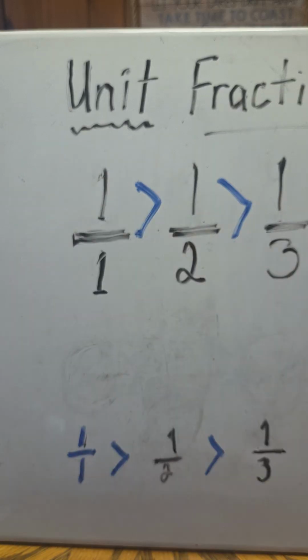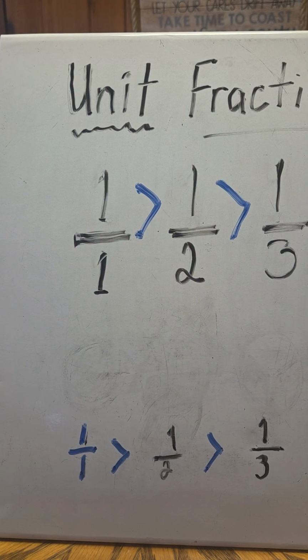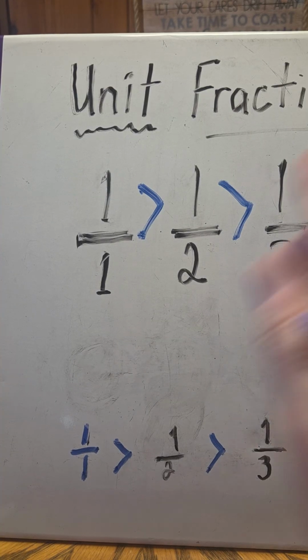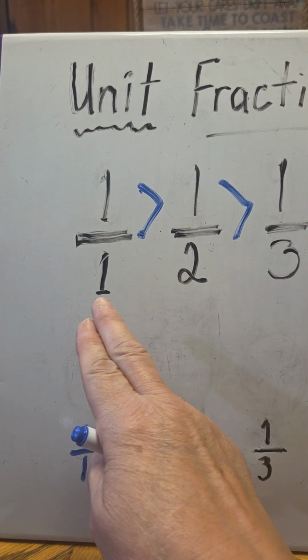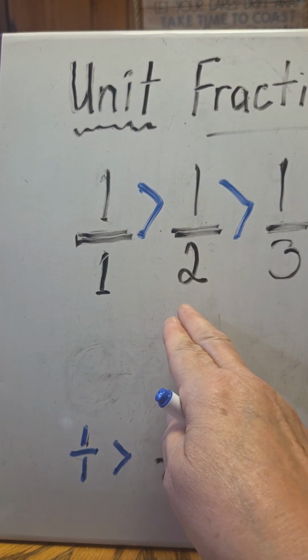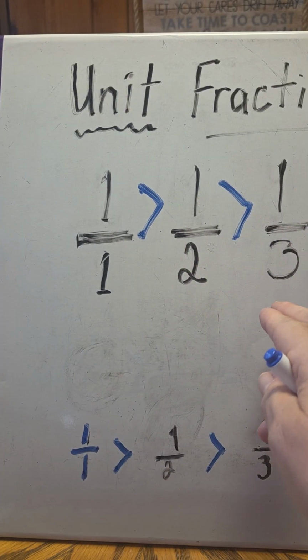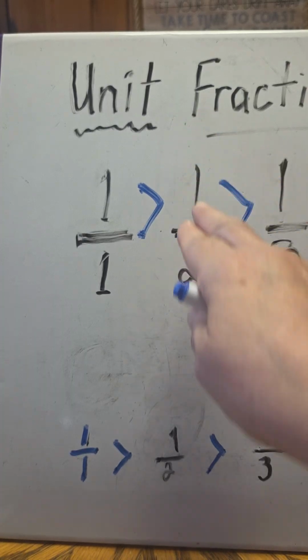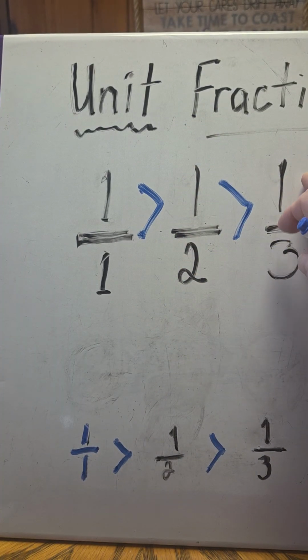It's always nice to show you different numeral ones, because there's lots of different ways to write it. So here's 1 over 1. 1 out of 1 is greater than 1 out of 2, is greater than 1 out of 3. 1 out of 1 is 1 whole, is greater than 1/2, and greater than 1/3.